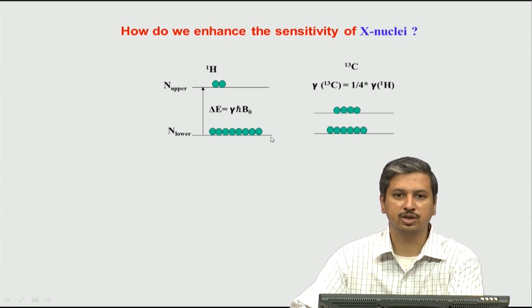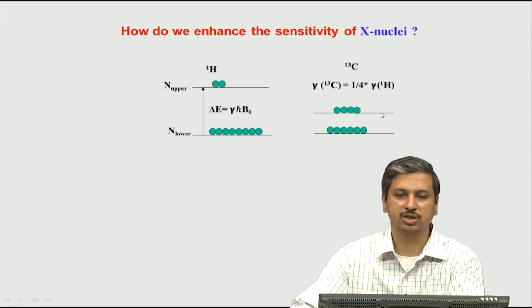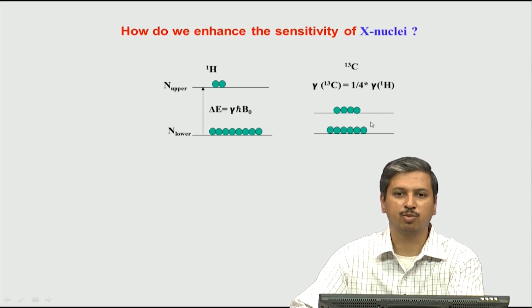This is shown schematically. You can see the difference in the number of spins is 8 here and 2 there. So, 2 is 4 times less than 8. The difference between the number of atoms in the ground state and the upper state is proportional to gamma, so in carbon it will be 4 times less.